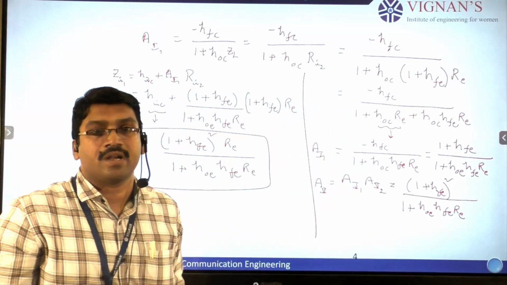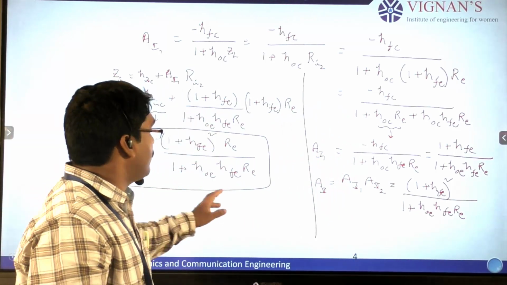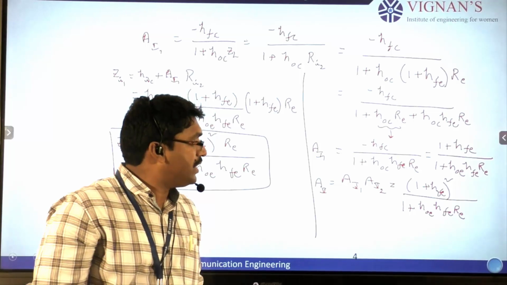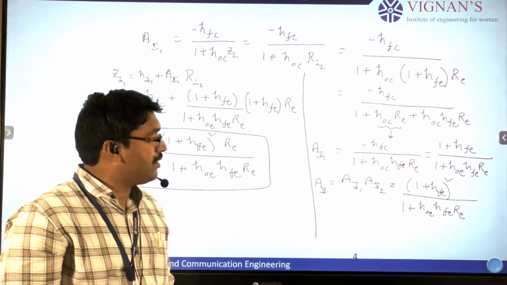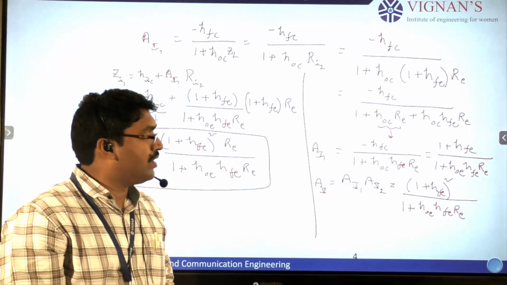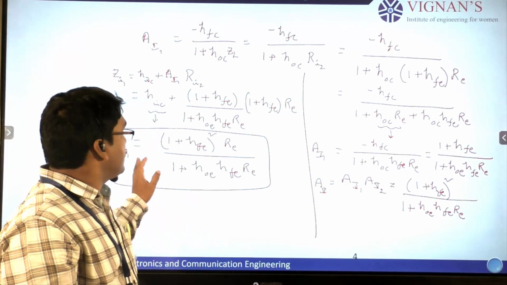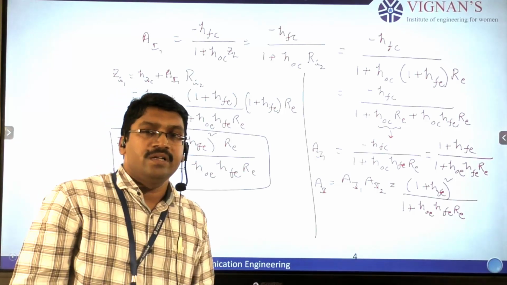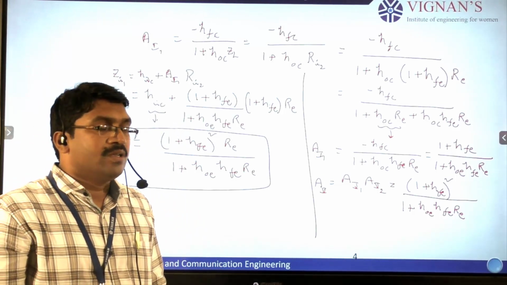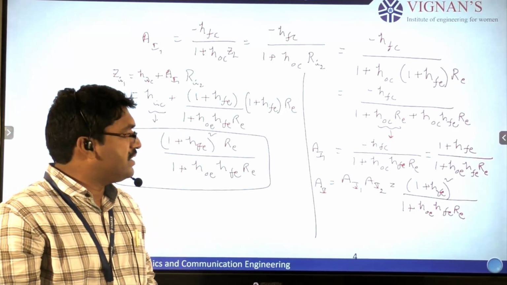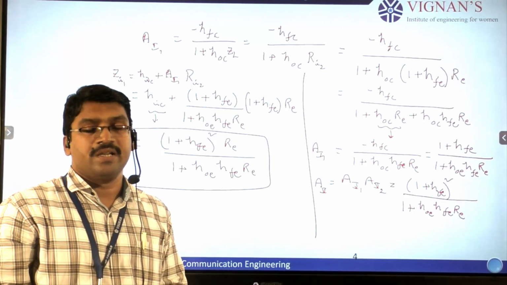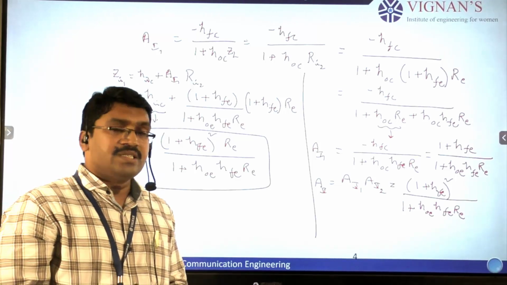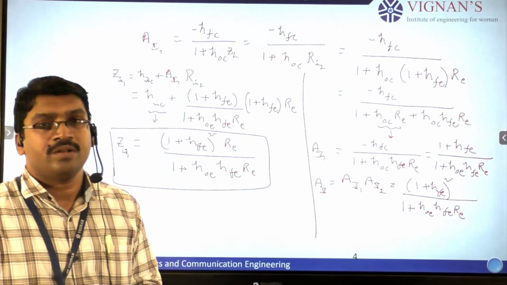This is the overall current gain. So from these two equations we can observe that the current gain of the CC amplifier is lesser than that of the Darlington pair, and the input resistance of the Darlington pair is greater than that of the CC amplifier. So the Darlington pair not only increases the input resistance but also increases the current gain. Okay, this is about the Darlington pair. Thank you.